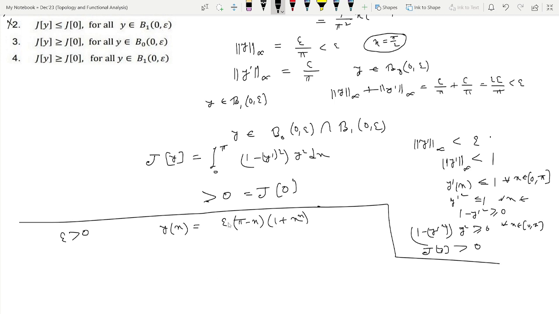We have to take one x also in multiplication: epsilon x (pi minus x) into (1 plus x) to the power n.